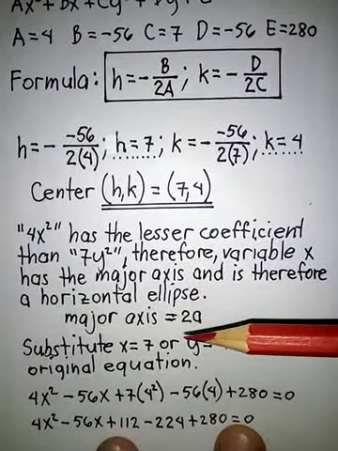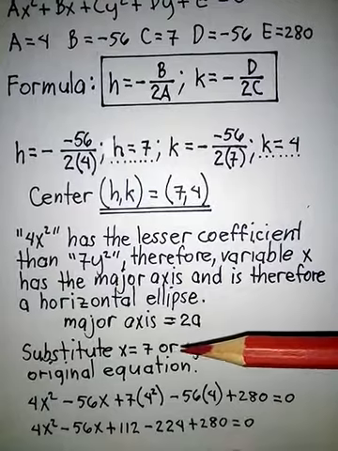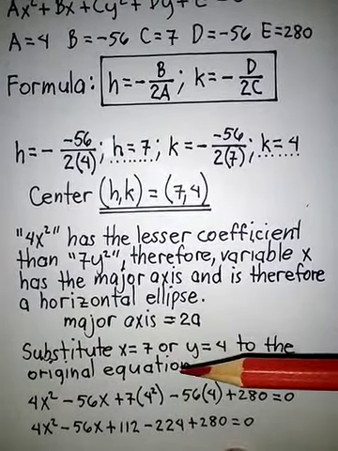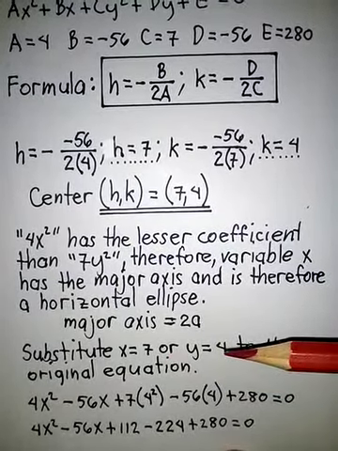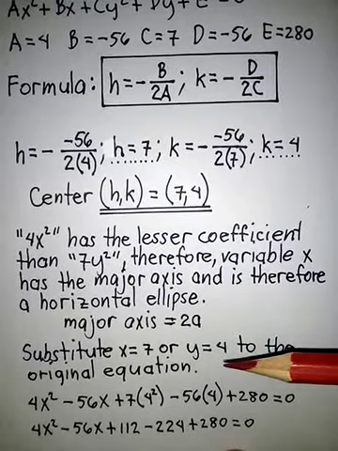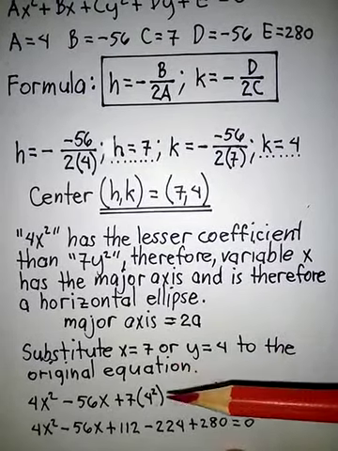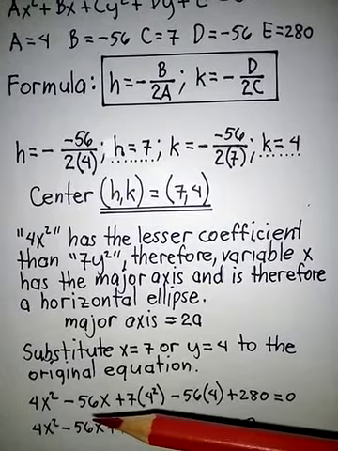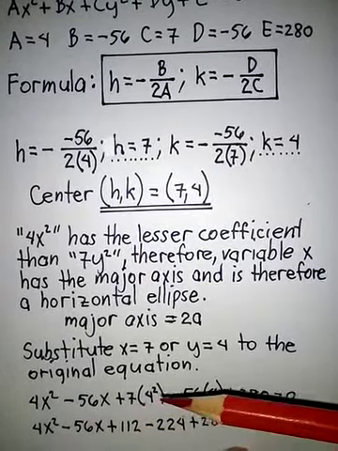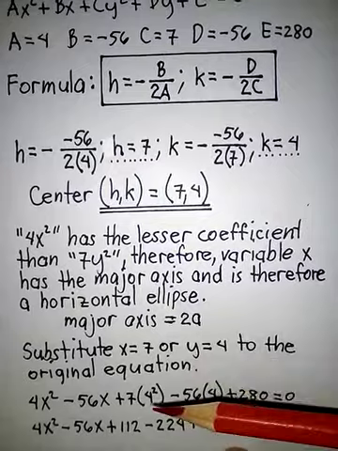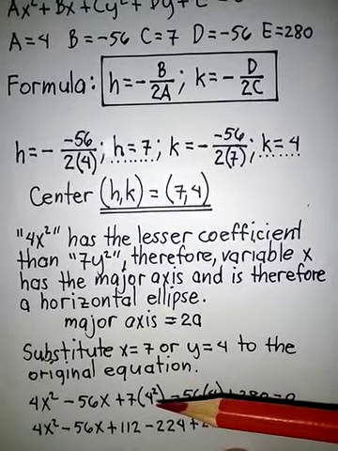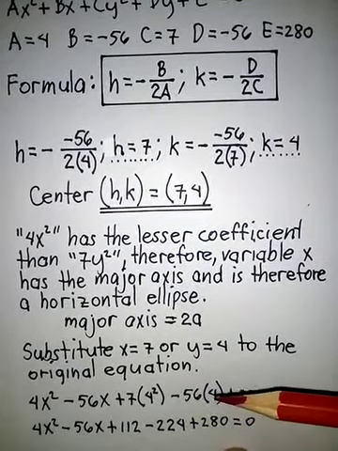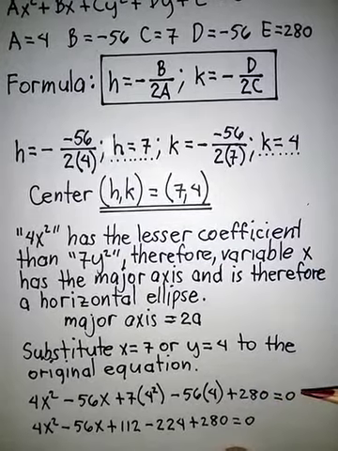Now, let us substitute either x is equal to 7 or y is equal to 4 into the original equation. We have the original equation 4x squared minus 56x, and here we substitute 4 for the value of y: 7 times 4 squared minus 56 multiplied by 4 plus 280 is equal to 0.